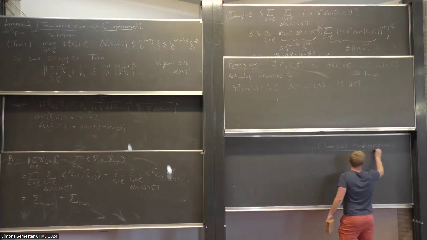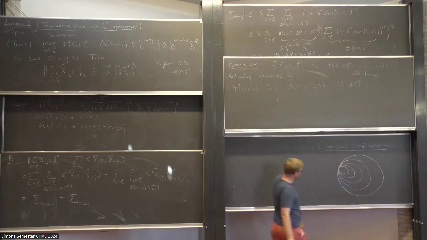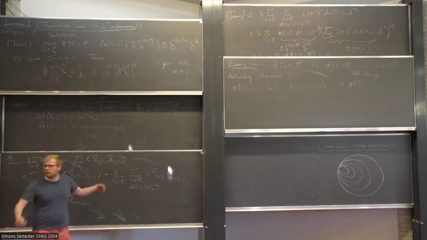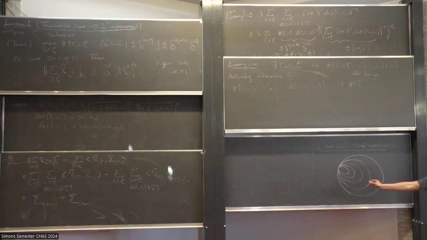What's this? Well, it's just a whole bunch of circles which are tangent at a single point, more or less. So if you take any two circles from this collection, they're going to be tangent. So this is a bad configuration. We're not going to get an L2 bound.